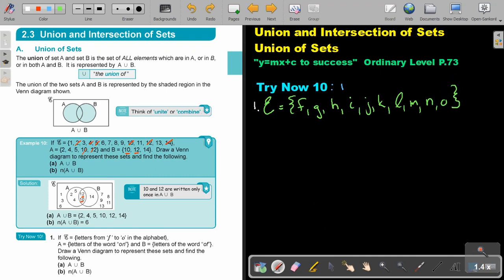It will be all of them: F, G, H, I, J, K, L, M, N, O. Now A is the letters on, and B is the letters of. So draw a Venn diagram.